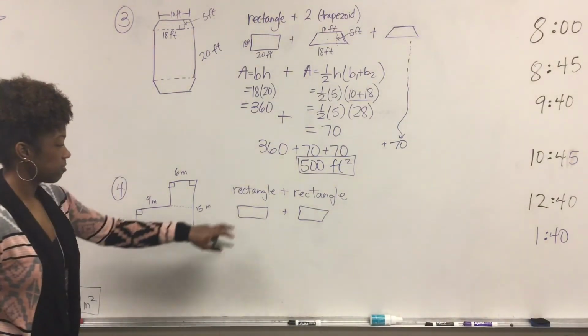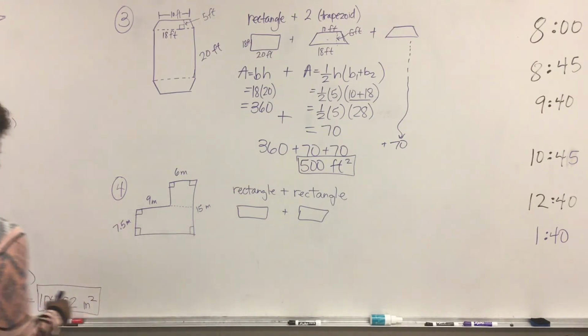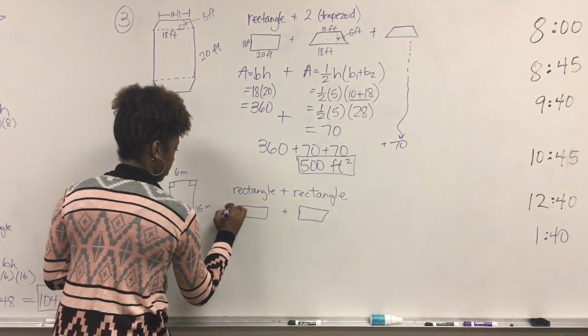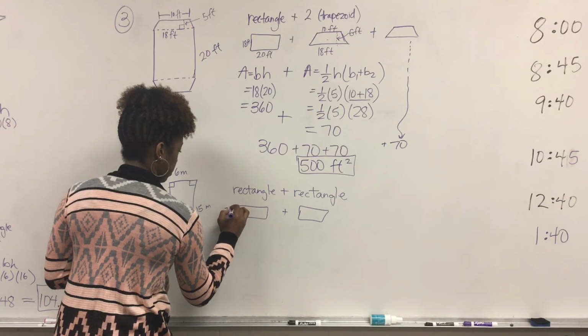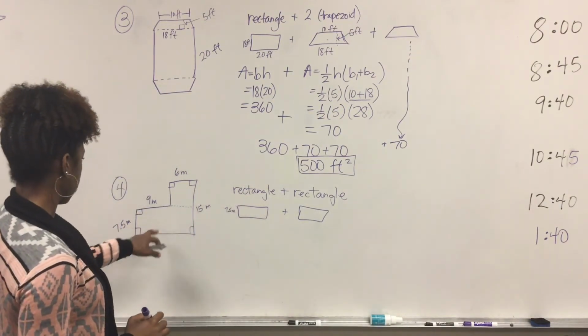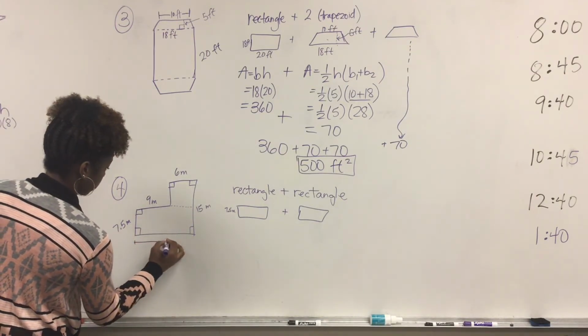Now I'm going to fill in the dimensions. So first rectangle, I have 7.5 as my height. And then I need to figure out what this is here.